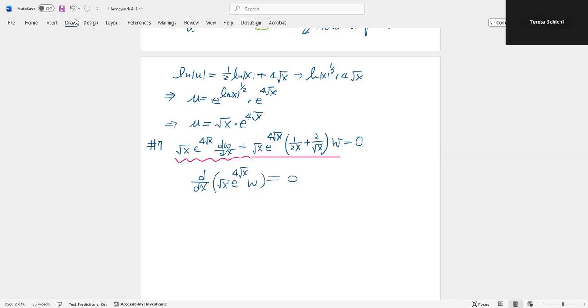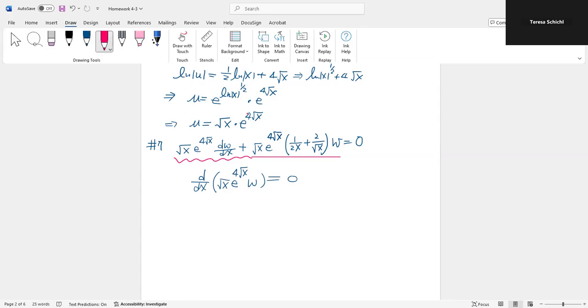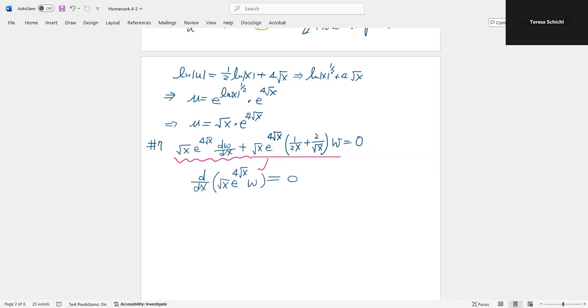Remember we did this many times when we worked on first order differential equations. If you use the product rule on this, it will give you this term. That's what we call the integration factor.